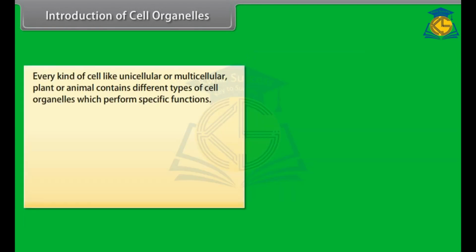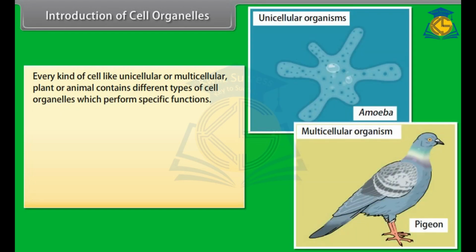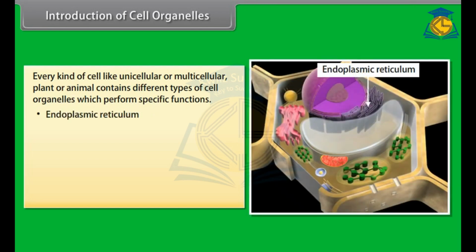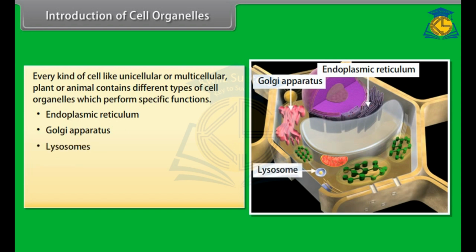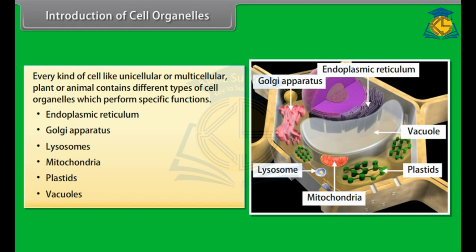Every kind of cell like unicellular or multicellular, plants or animal contains different types of cell organelles which perform specific functions. Endoplasmic reticulum, Golgi apparatus, lysosomes, mitochondria, plastids and vacuoles are some examples of these cell organelles. Now let us know their structure and functions in detail.